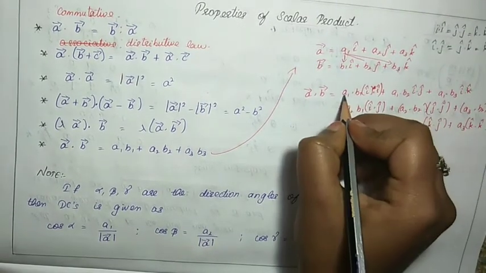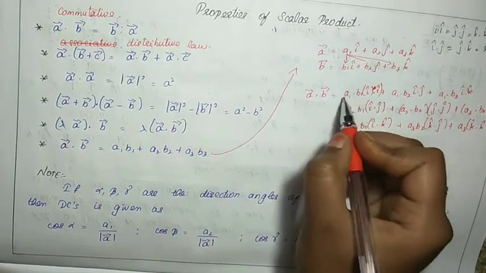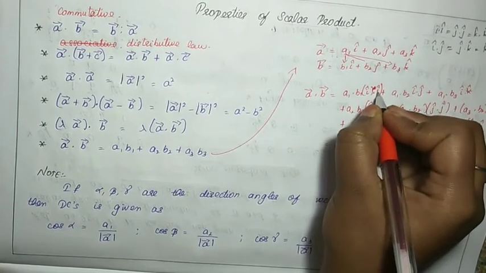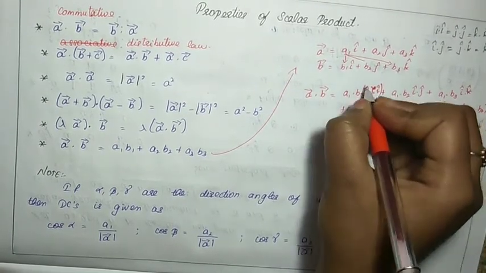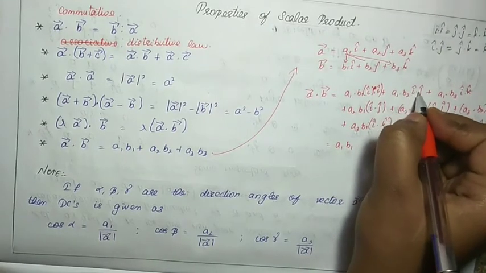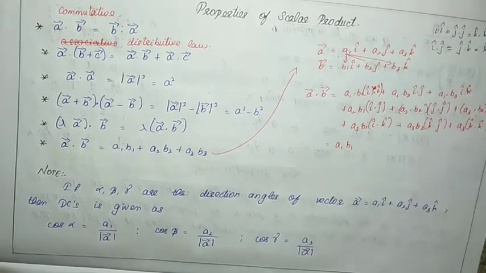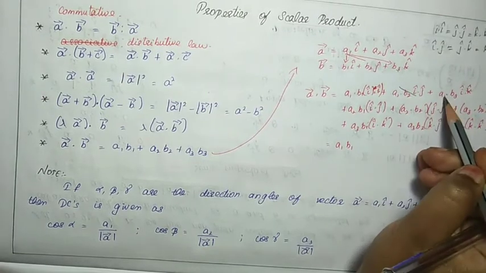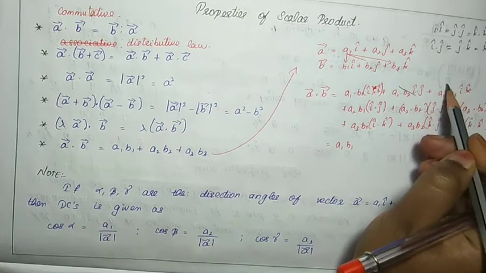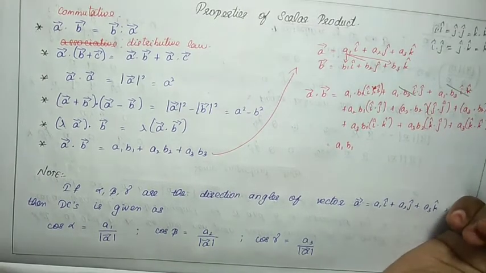So a1 b1 i cap into i cap is 1, so I leave this as it is. Next, a1 b2 i cap into j cap is 0, so I cancel this term, and a1 b3 i cap k cap is also 0, so I cancel it.